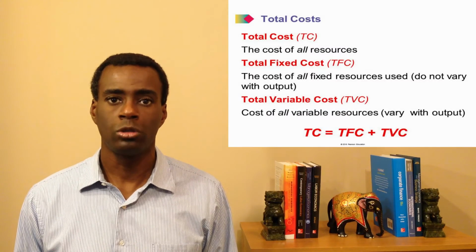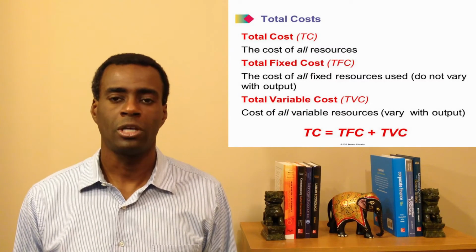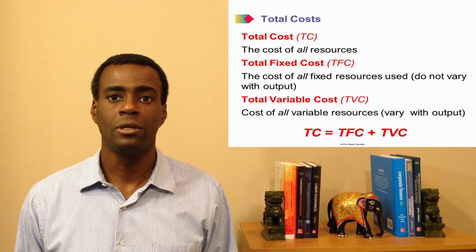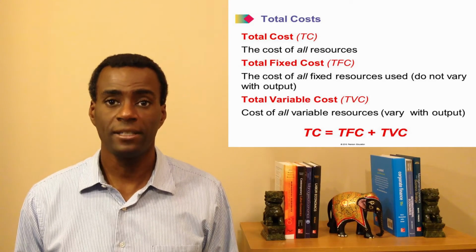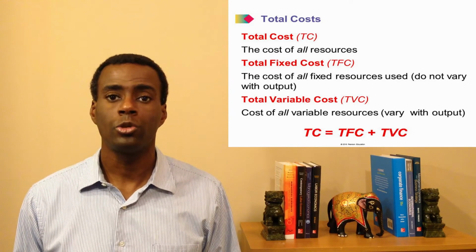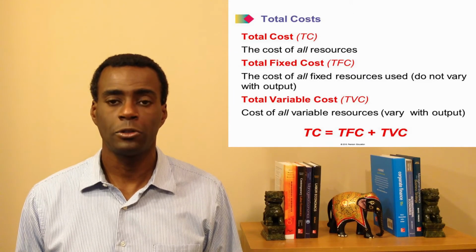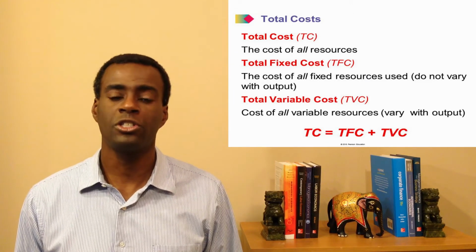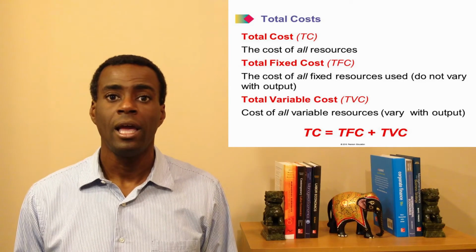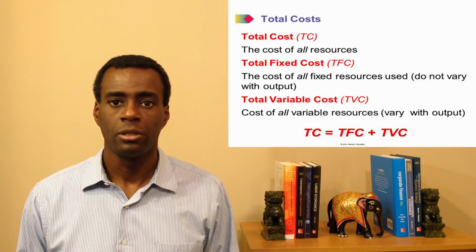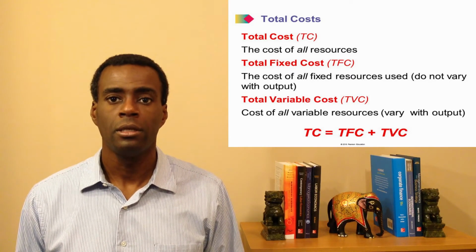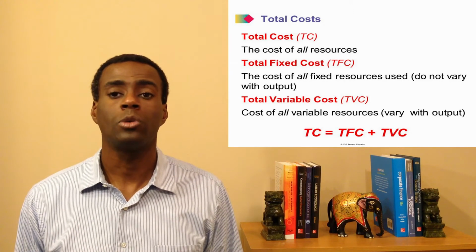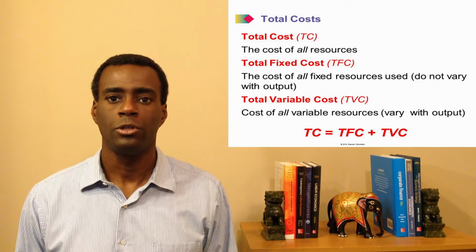Now, we will look at different types of cost, notably the total cost, which is obviously the cost of all resources used in the production of the good that the firm produces, the total fixed cost, which is the cost associated with all of the fixed factors of production that we discussed earlier, such as the truck and the manufacturing plant, and the total variable costs, which depend on how much energy, natural resources, but also how much labor the firm uses.